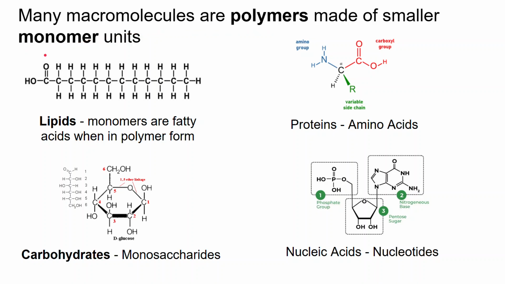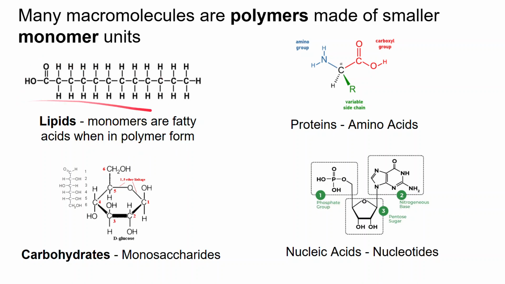So you need to be familiar with each one of these monomers. Lipids here, the only real monomer that we talk about with lipids are fatty acids. The polymers will actually be like triglycerides. So that's a little bit off on how that's saying there.